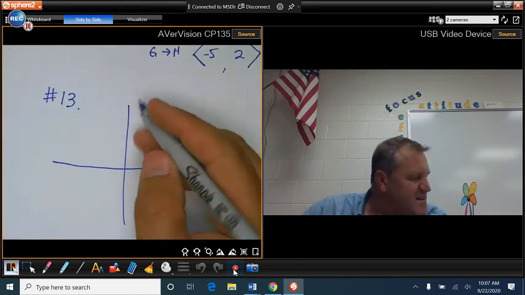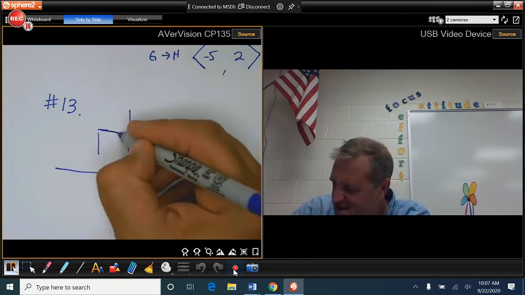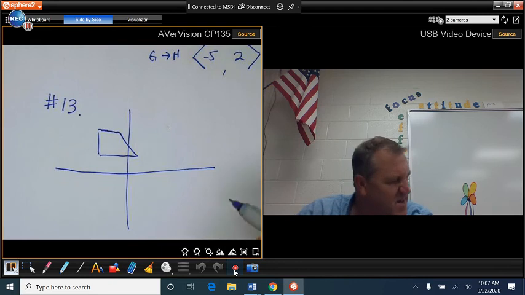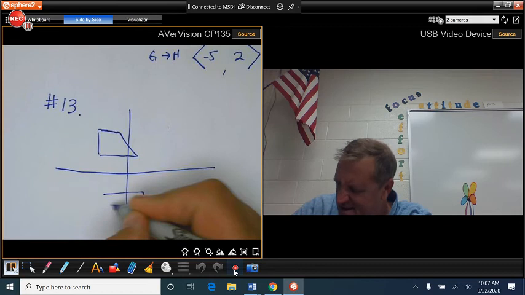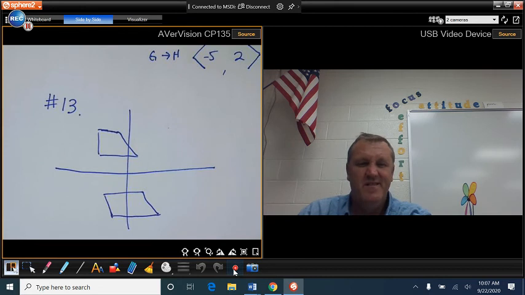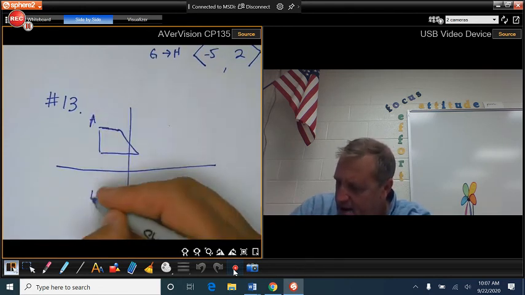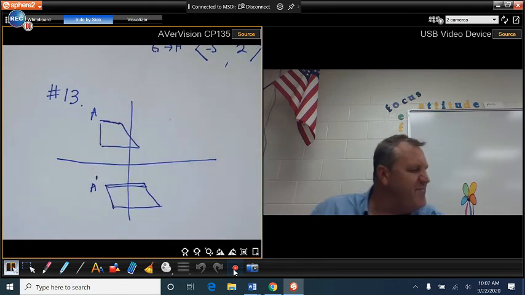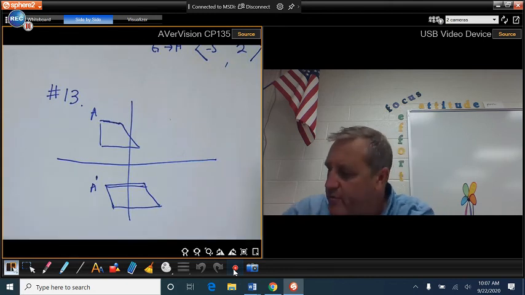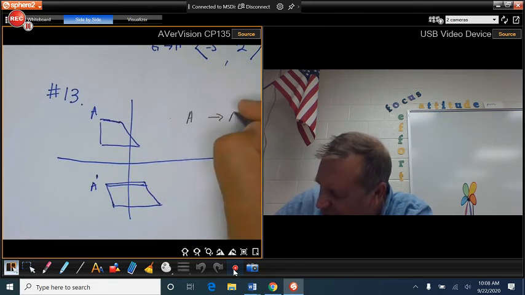I'm just going to make somewhat of a picture of the trapezoid. Yeah, it's not very good, but all right, so this is A and this is A prime. That's all I want you to look at for now. Okay? A to A prime. Everyone seeing A to A prime? Kylie. A to A prime.